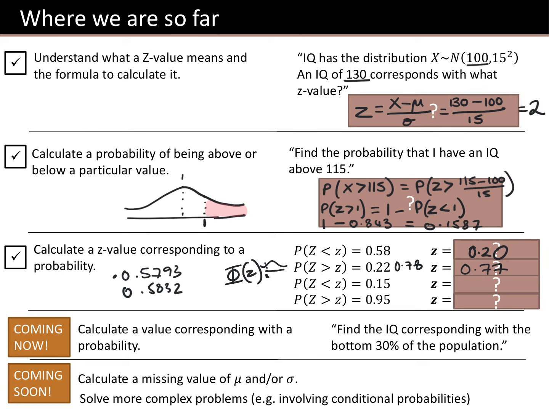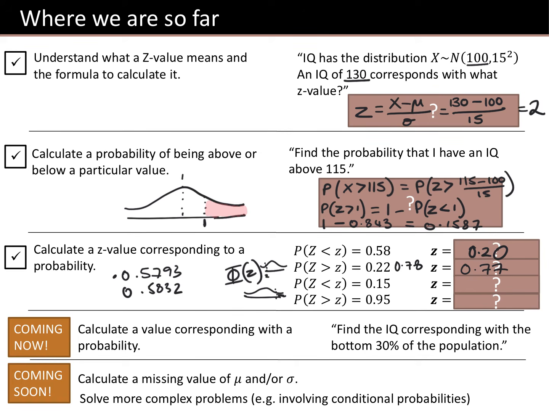The probability of z being less than z is 0.15. Okay, this one is slightly different, because I want it to be less than 0.15. I want this bit, don't I?